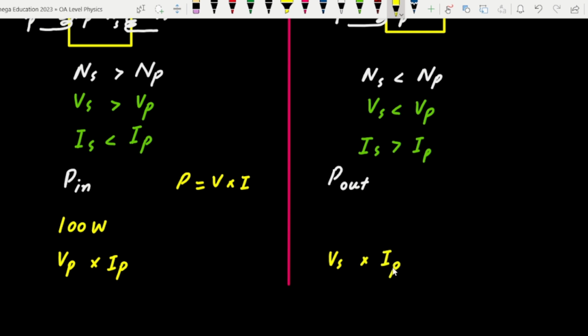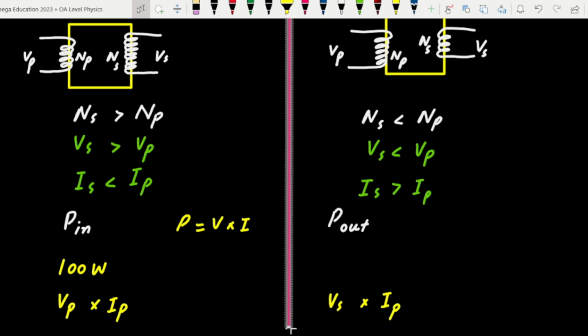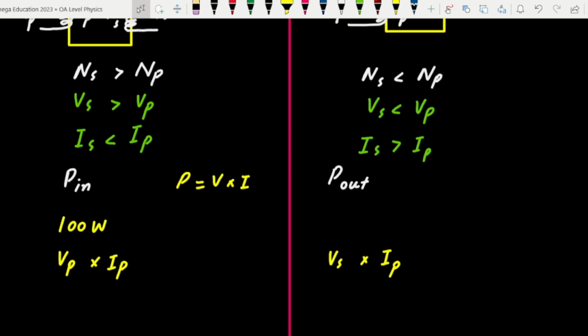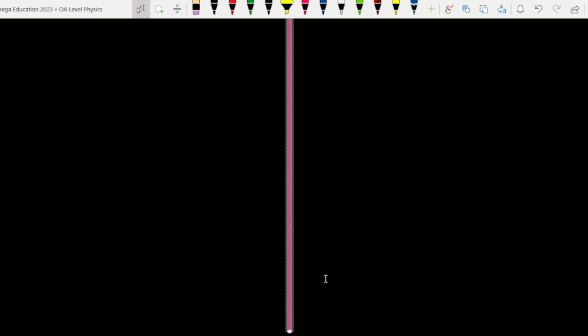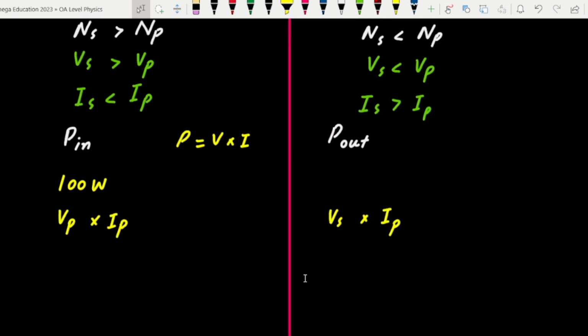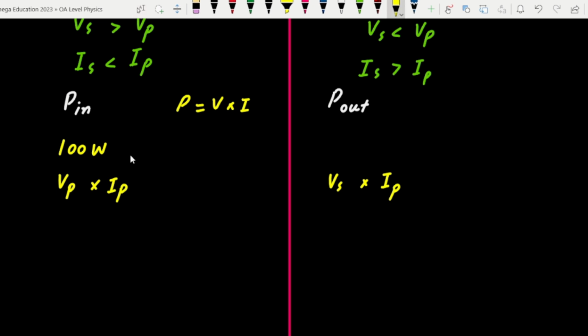So let's say the power was 100 watts. Okay, so let me just extend the line. So the power was 100 watts, and we can assume a value of voltage. Let's say the value of voltage on the primary is 50 volts.